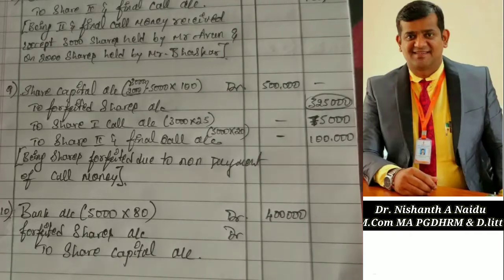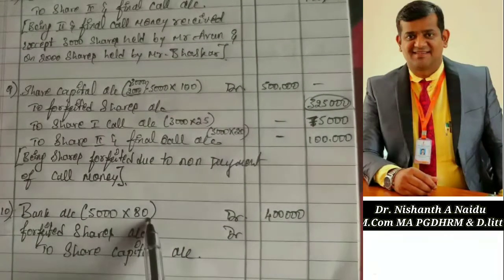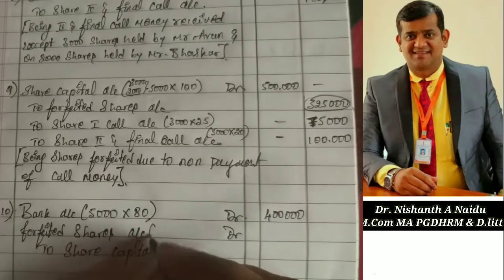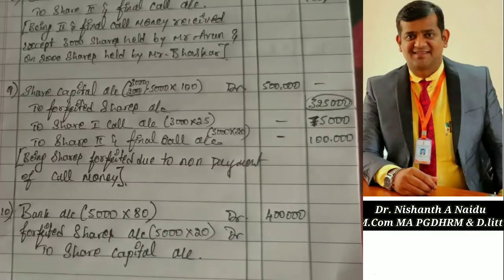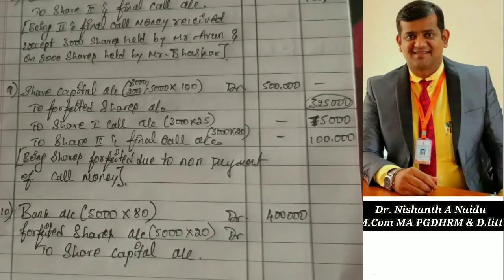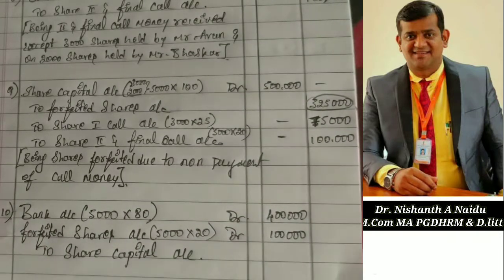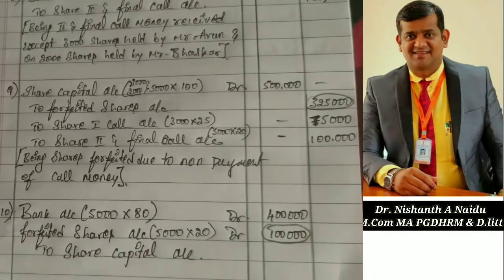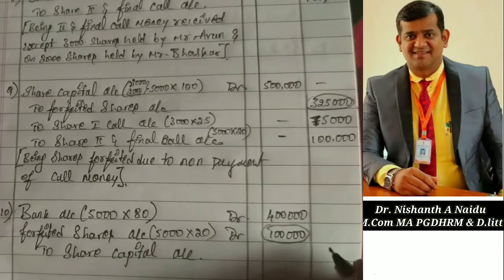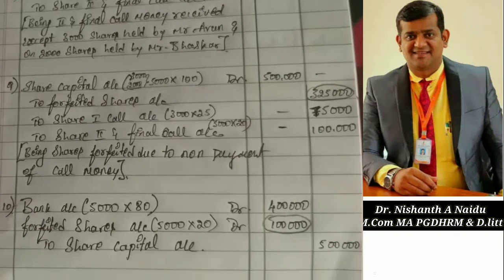But what was the face value of the share? 100 rupees. We are reissuing at 80 rupees, so the shortage is 20 rupees. 5,000 into 20 comes to 1 lakh rupees. So this forfeited shares account you have to highlight and keep it ready. To share capital 5 lakh rupees.